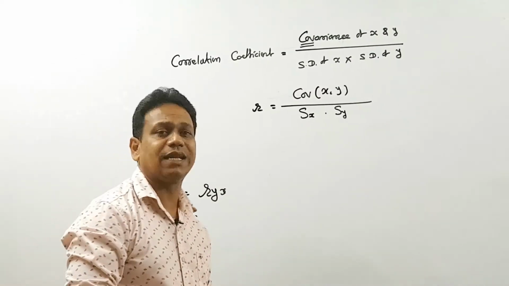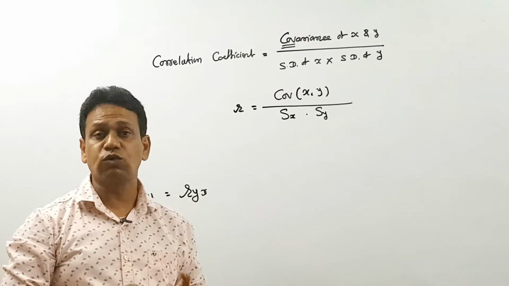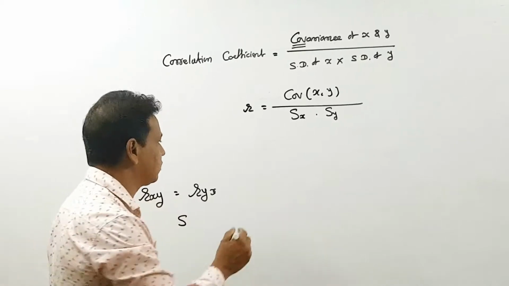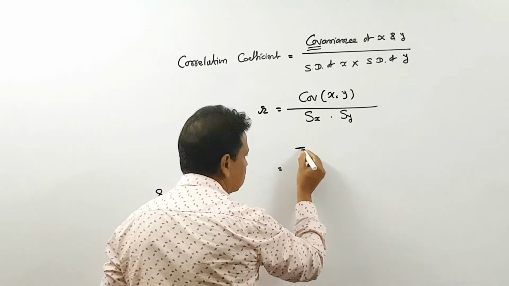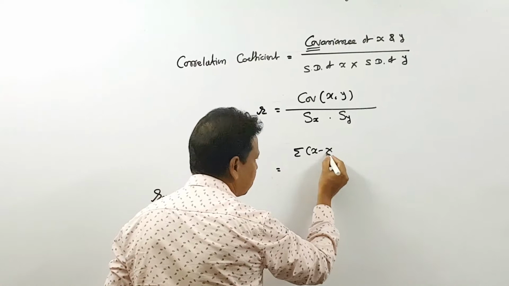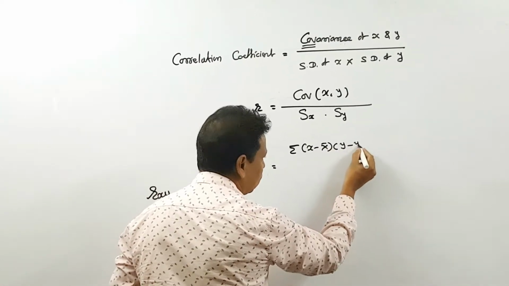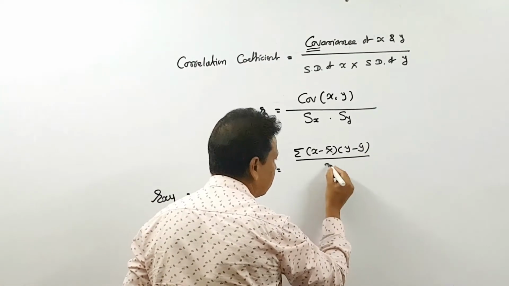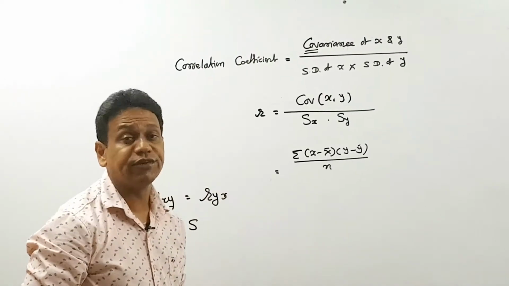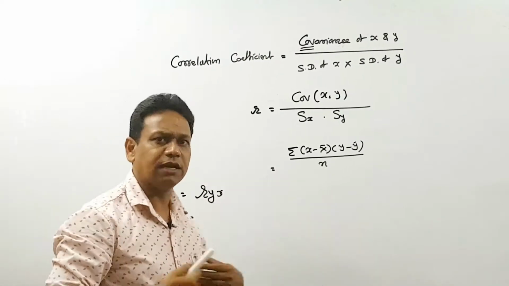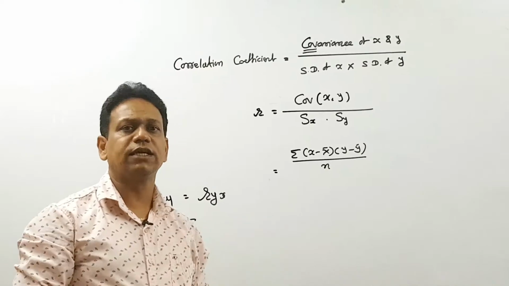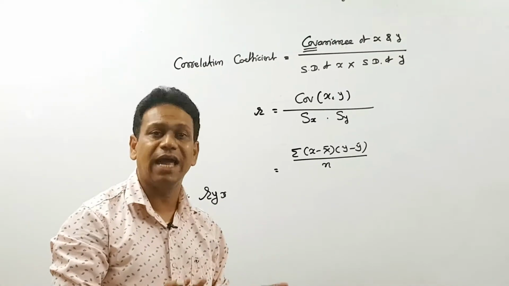Now the question arises, sir, how to find the covariance of xy? My dear friends, we have a formula: the sum of x minus x bar into y minus y bar, divided by n. Dividing by n is an average, because if anything is divided by the number of observations, it is called an average.